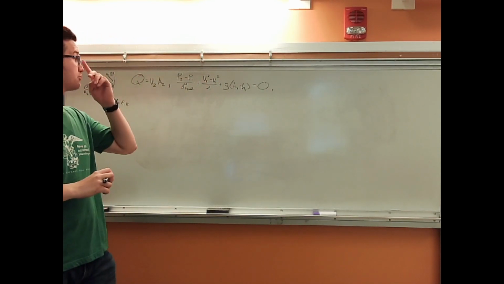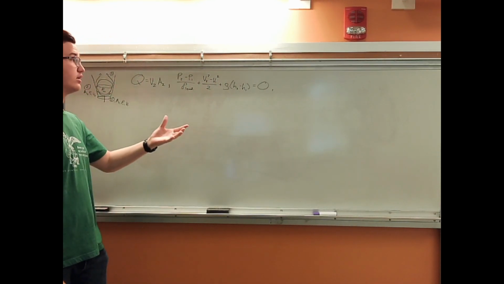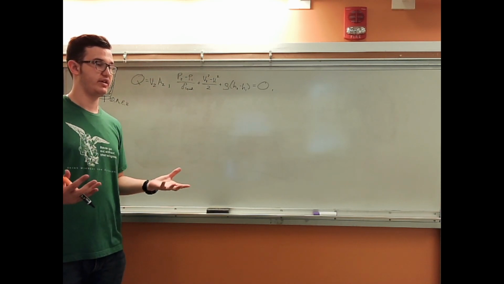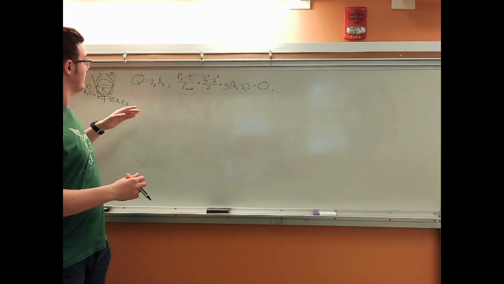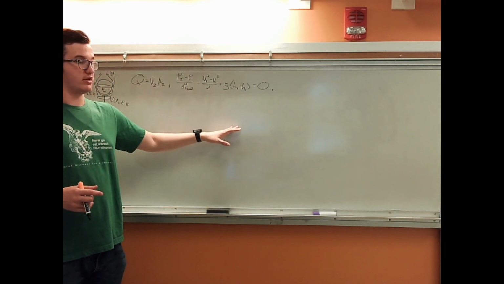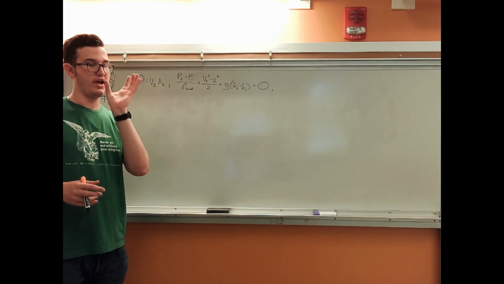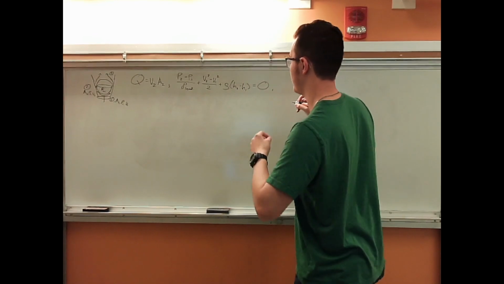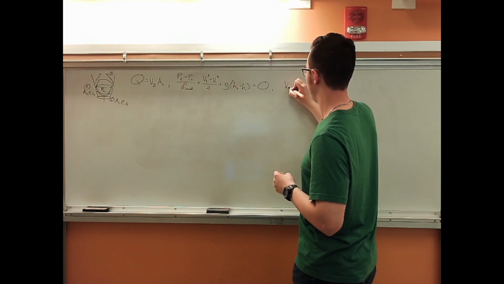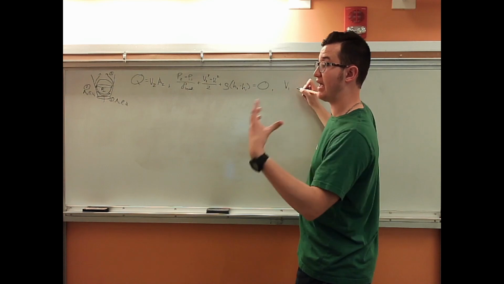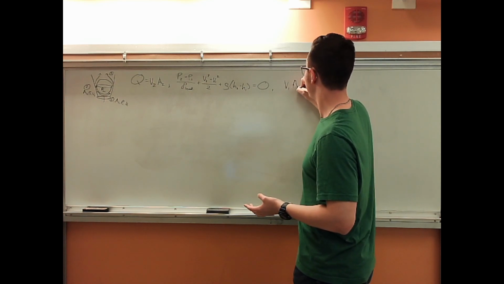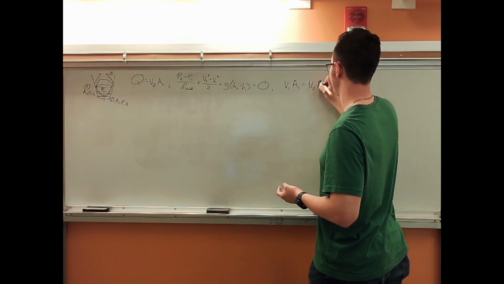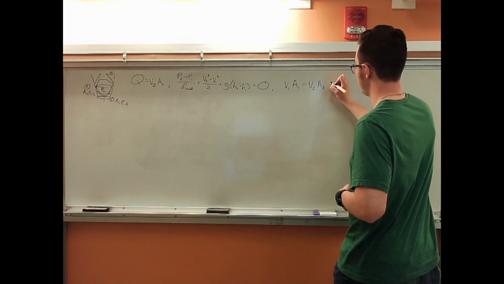Now, finally, another simple thing for Bernoulli's equation and fluid dynamics in general is that the relationship between pressure and velocity is that V1, the velocity at state 1, multiplied by the area of state 1, is equal to the velocity at state 2 multiplied by the area at state 2.